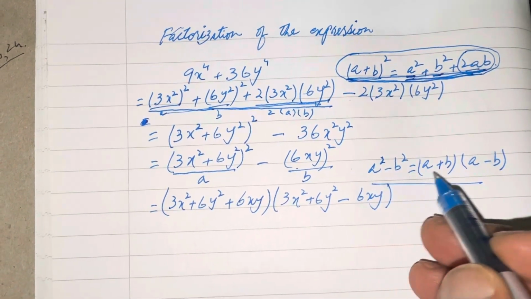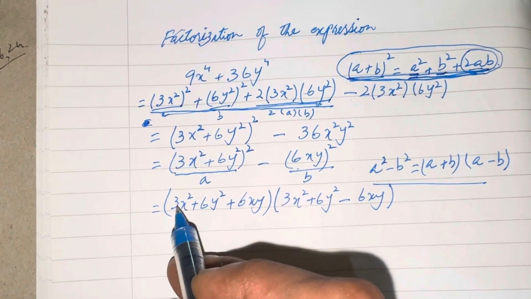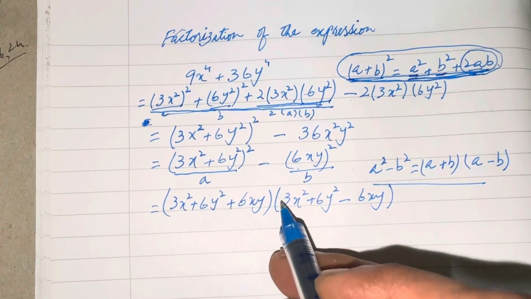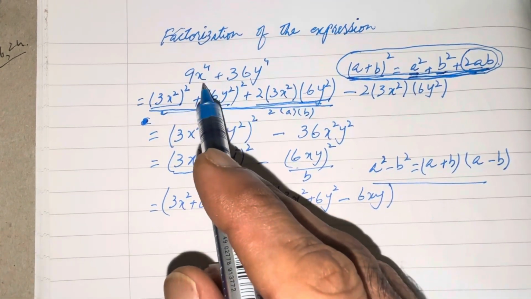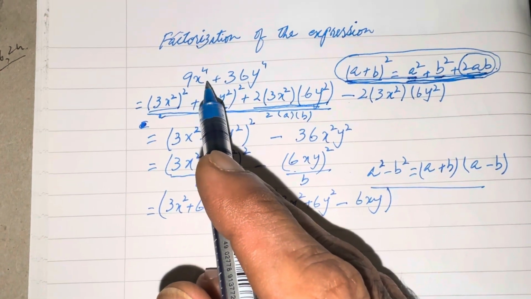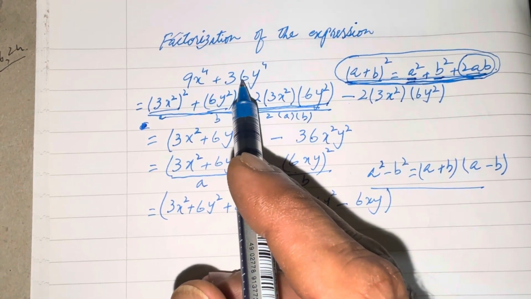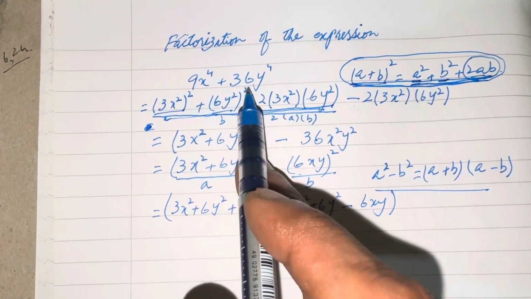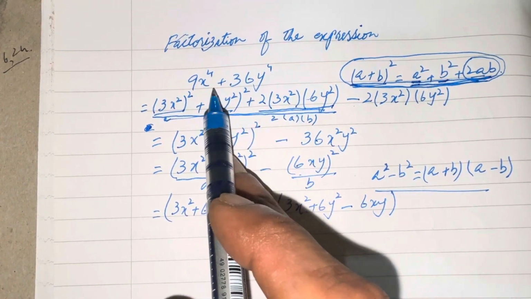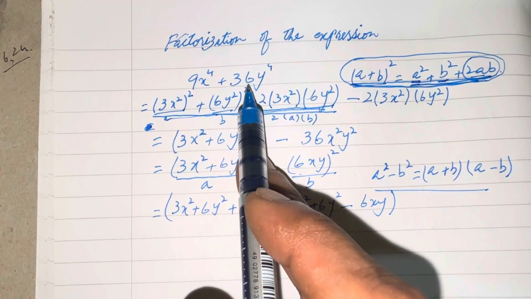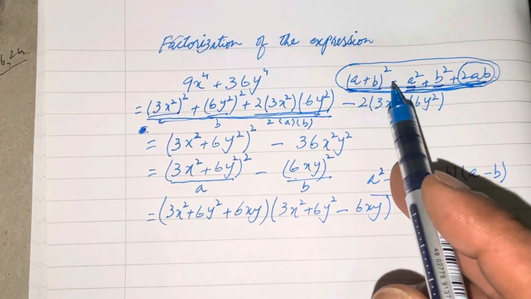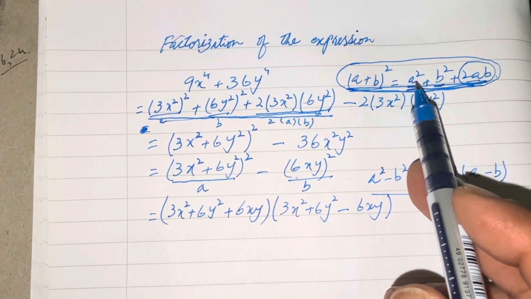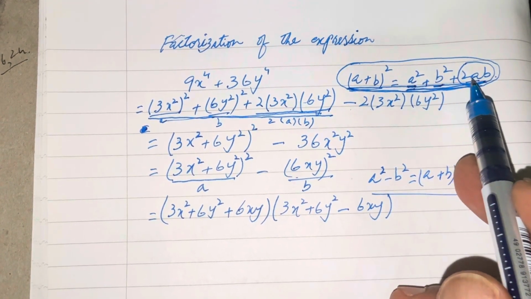This formula we have used in this question in the last step to solve our given expression. So factorization of the expression like this thing that is given in the 2 terms, we have used two kinds of formulas to solve it. First one is a plus b whole square is equals to a square plus b square plus 2ab.